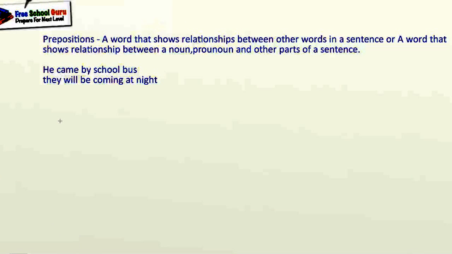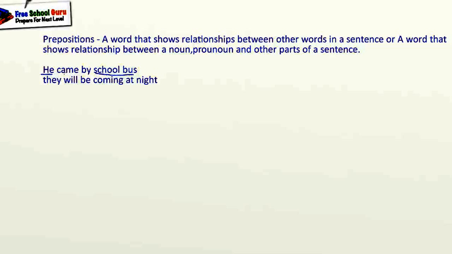Now what's a noun here? Noun or a pronoun is he. School bus. Again, basic formula. Try to identify the noun or a pronoun in a sentence. We know came is an action, so came is a verb.